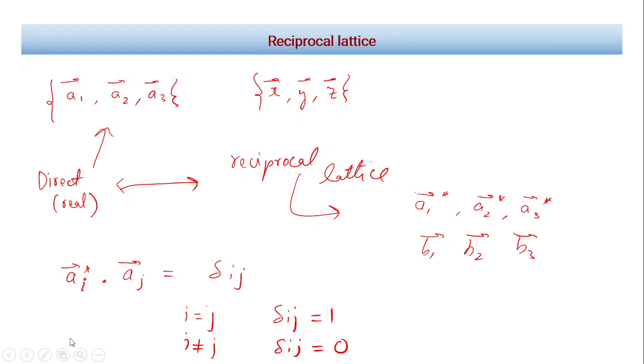So if I write this relation out, it means A1 star dot A1 is equal to 1, A1 star dot A2 is equal to 0, A1 star dot A3 is equal to 0.